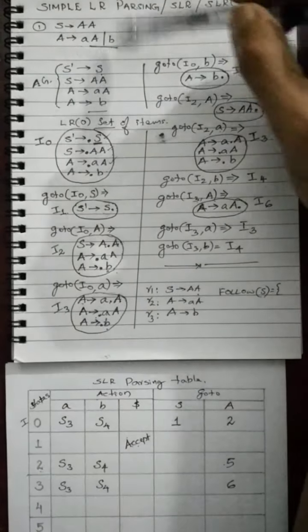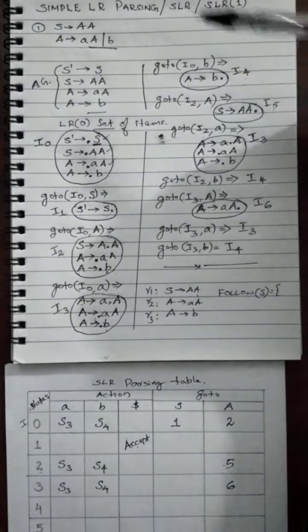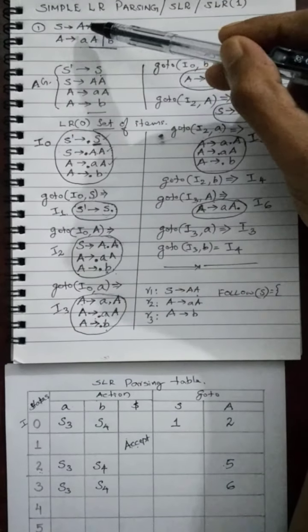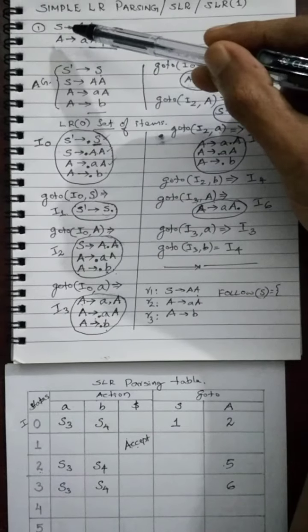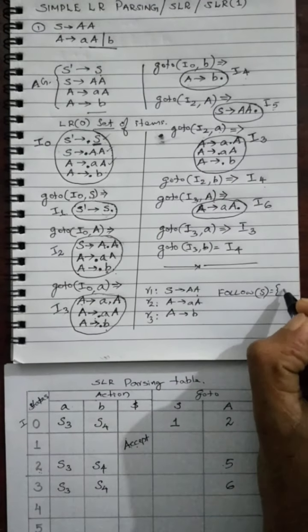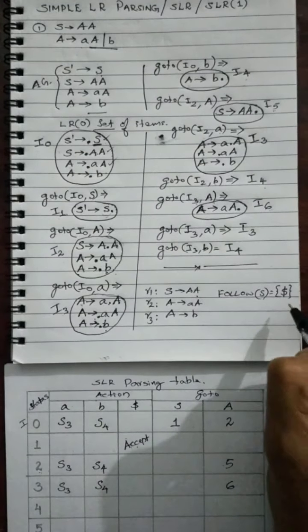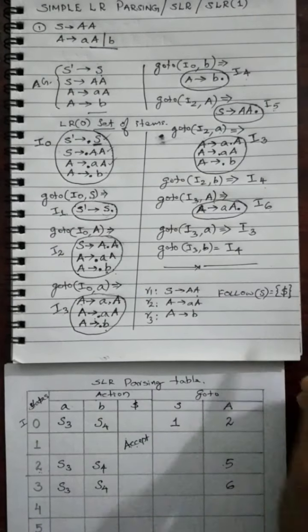It is by finding the position of the non-terminal on the right hand side of the production. Here there is no production wherein you can find S on the right hand side. But since S is the root or the starting symbol, we know that dollar will be present in the follow by default. So dollar is there.